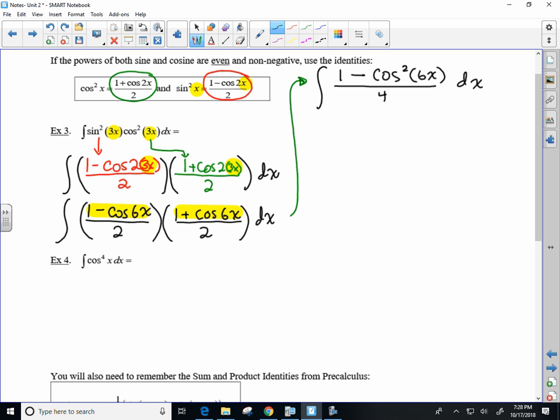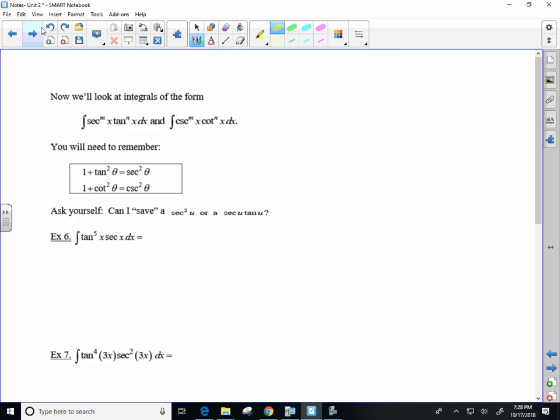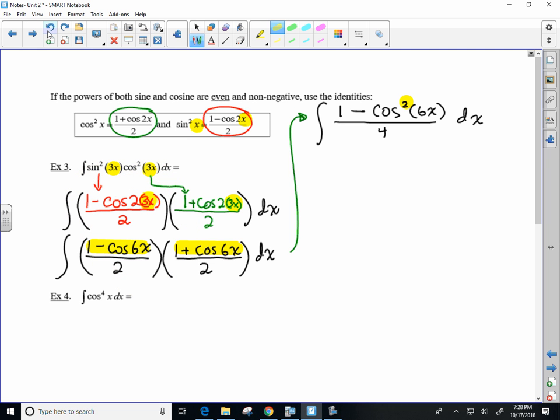Now you could try to do another substitution. Now, I have a power of 2 here for cosine. So I could do the same process over again. But I don't want to do that. I want to use my knowledge of some pre-calculus, but also, even if you don't know them, they're on the previous page. This can be swapped out for another expression.